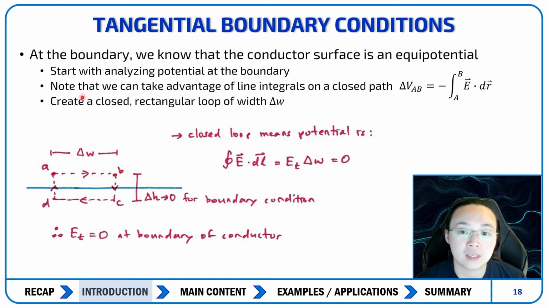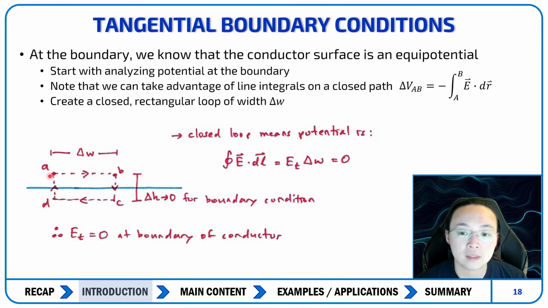One thing we note is that we can take advantage of line integrals on a closed path. If we have a closed path, we know it's an equipotential, so the change in potential should be 0. We know the equation for change in potential has to be equal to 0, and therefore we have the closed path integral of ET, because we're just going to close the whole thing as a loop.